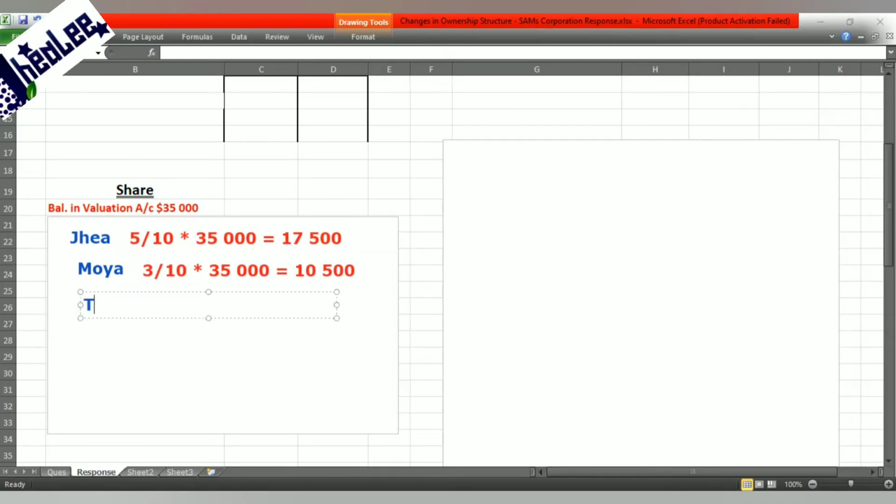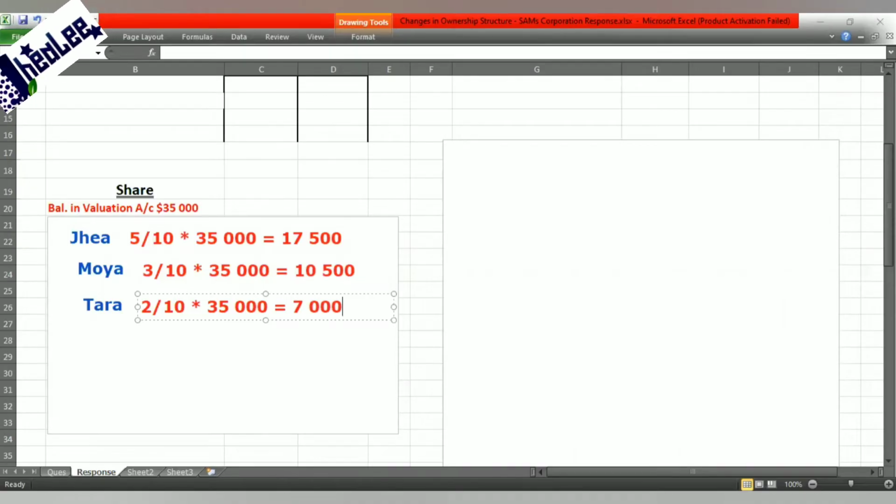Now we're going to look at Tara. Based on the profit sharing ratio, Tara is to get 2/10. That is 2 divided by 10 times the value of 35,000. And that gives us 7,000.